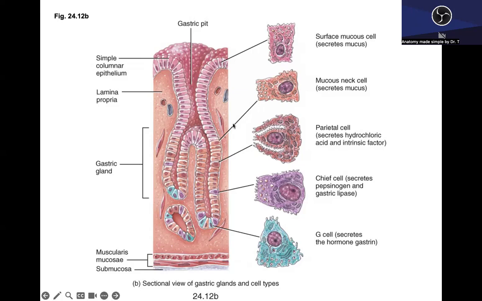Parietal cell is really important because it is secreting two different compounds of enormous value. One is intrinsic factor. Without intrinsic factor, we will not be able to properly absorb vitamin B12. So a lack of these cells could lead to avitaminosis B12.